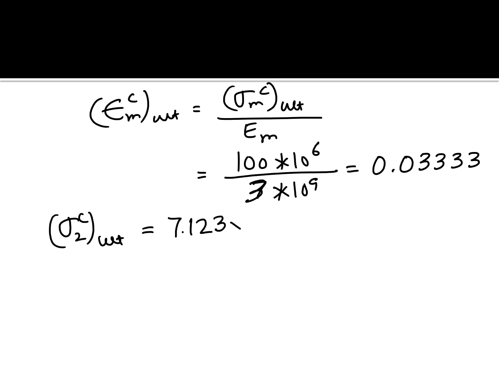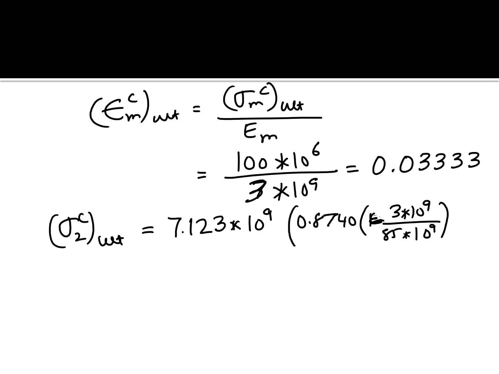So going back to our formula for sigma 2c ultimate, we will get the Young's modulus in direction 2, or the transverse Young's modulus, which is 7.123 gigapascals. Then our D by S ratio. Then the Young's modulus of the matrix, Young's modulus of the fiber, plus 1 minus the D by S ratio again.